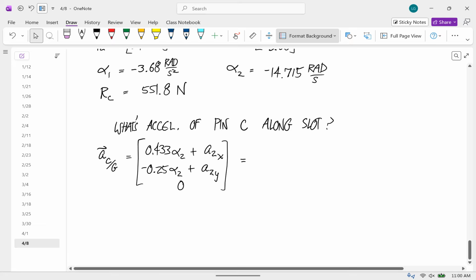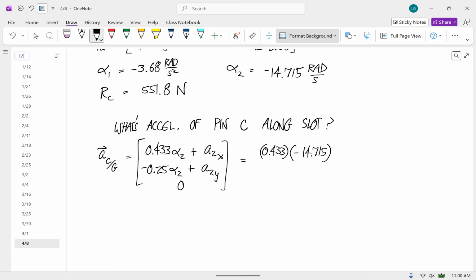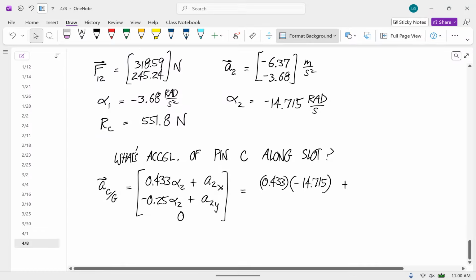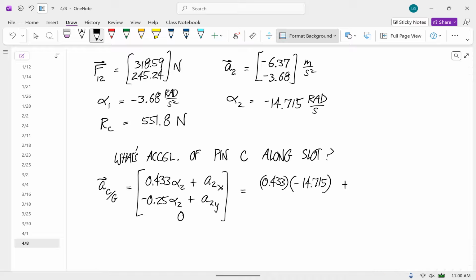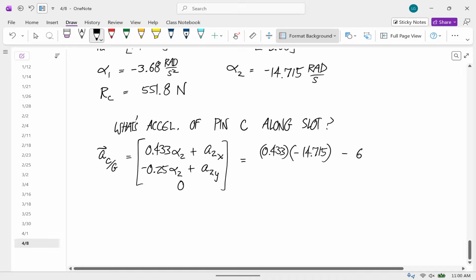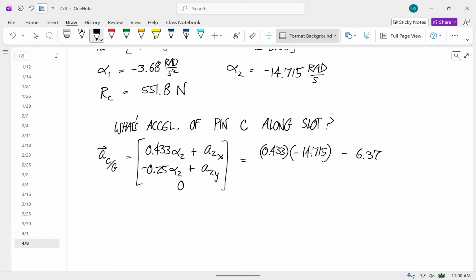So we have 0.433 times negative 14.715, plus, I guess that's a minus, 6.37. And this one comes out to be 0.